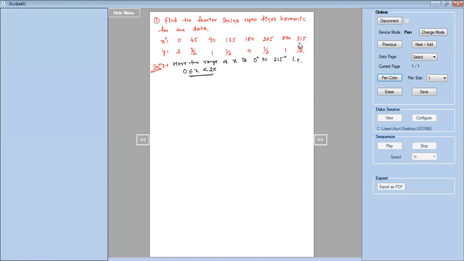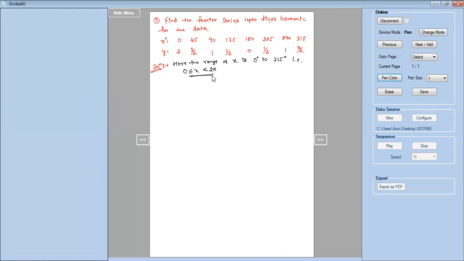The lower boundary is 270, the upper boundary is 360. So I'm writing less than 360, not equal, because 360 is not there. It starts from 0, first quadrant, and ends at the fourth quadrant. It is a full cycle, 0 to 2 pi. If I subtract 2 pi minus 0, you get 2 pi, that is the period. That's how we can identify the period actually.